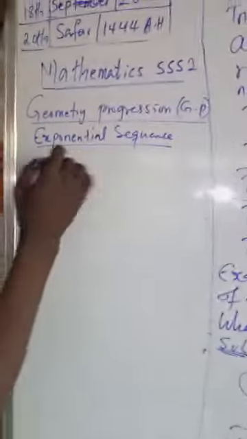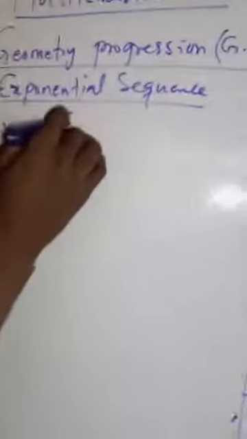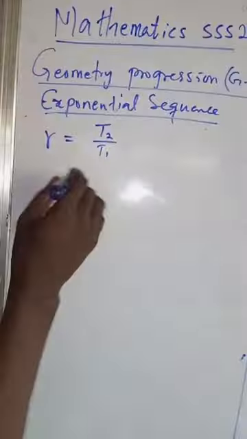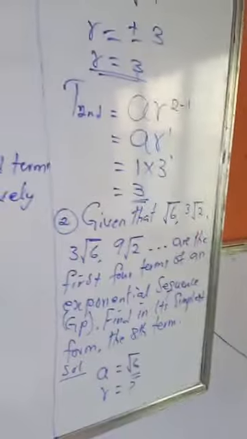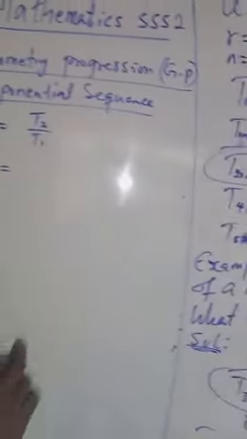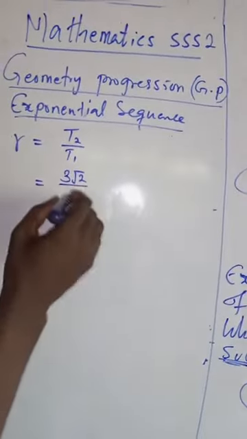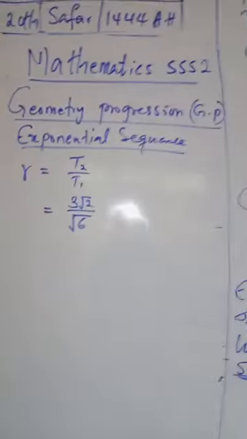Our r is, we say, common ratio, second term divided by first term. Now let's look at what our second term is there. Our second term is 3 root 2. So 3 root 2 divided by our first term, root 6.